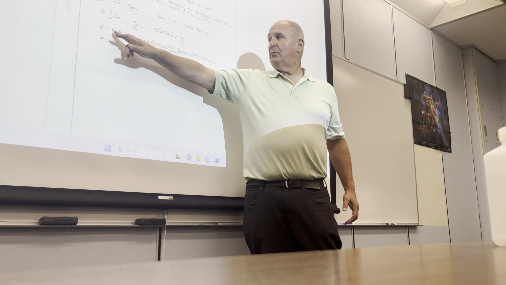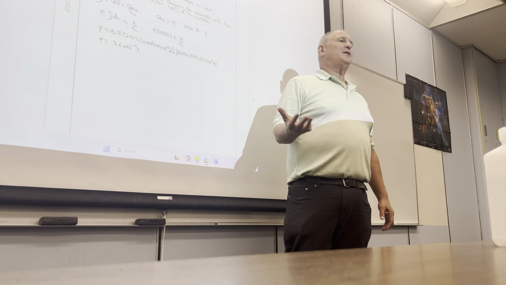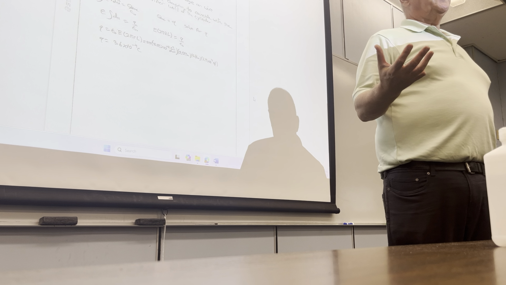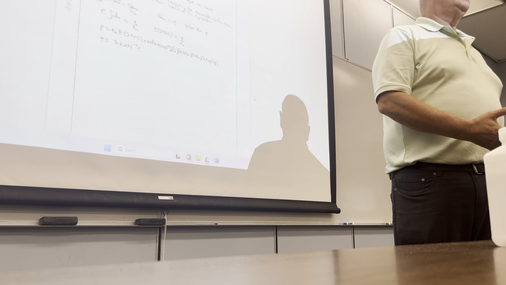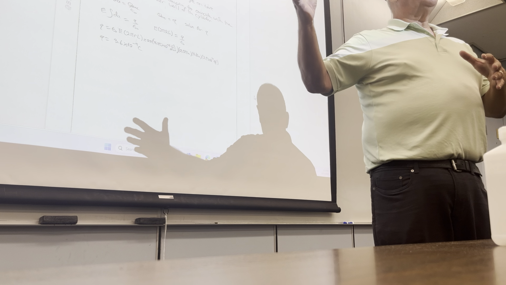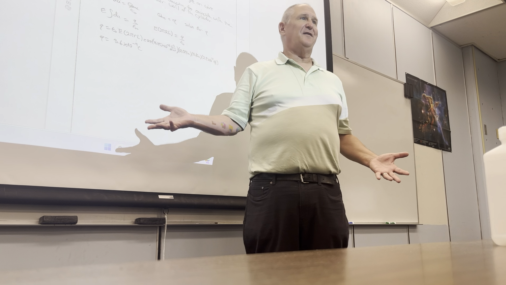See, what we want is to solve for the charge, and what we need is an equation that lets us calculate the charge based on known values. If you don't have an equation, you can't solve for anything.